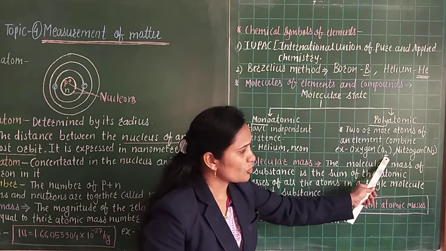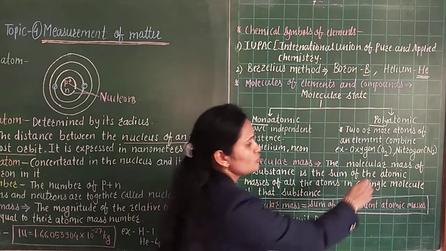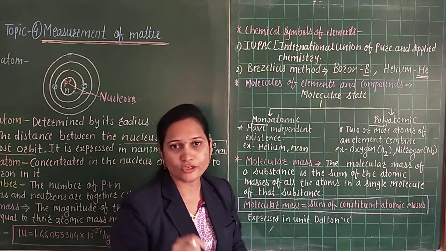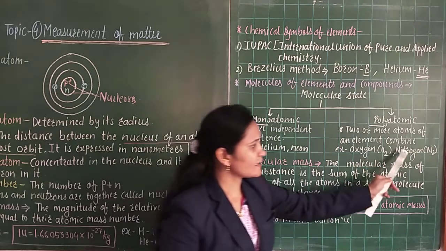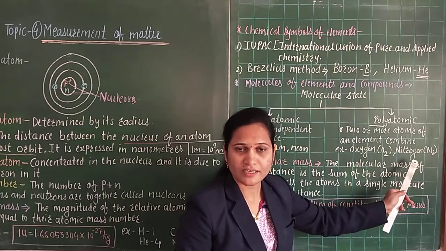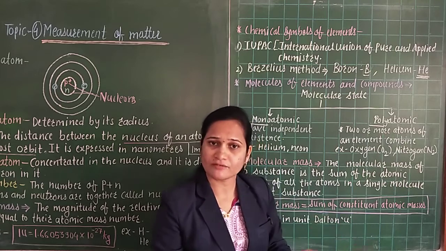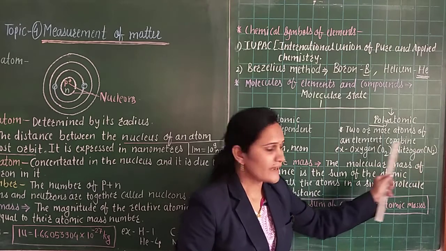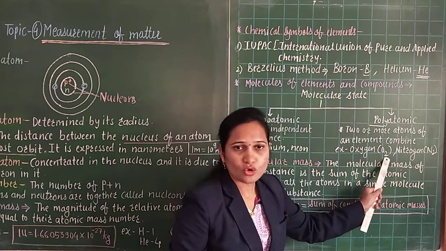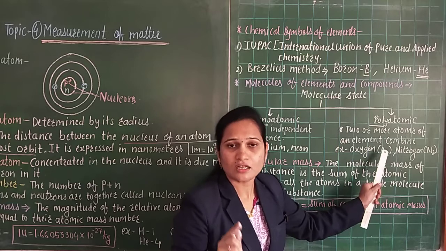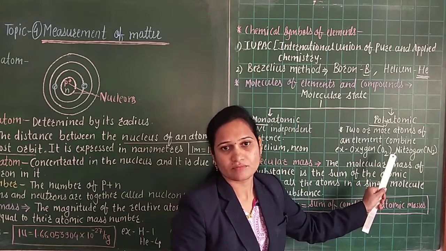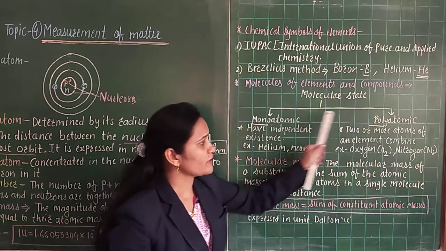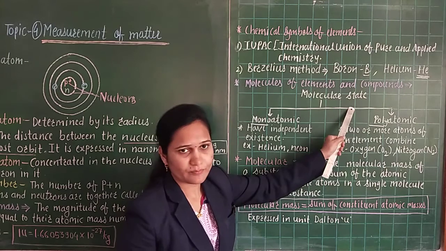The symbol is O2. It means that two atoms of oxygen, when combined together, form the molecule of oxygen. Another example is nitrogen. It means two atoms of nitrogen, when combined together, form the molecule of nitrogen. And these both have two atoms, so these are also known as diatomic molecules. So everyone understood the difference between the monoatomic and the polyatomic molecular state?